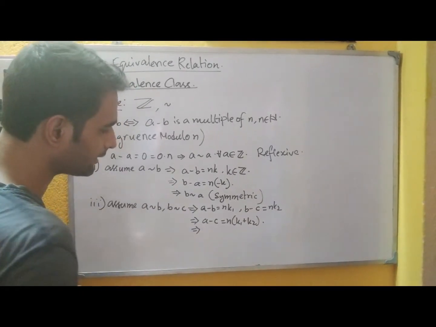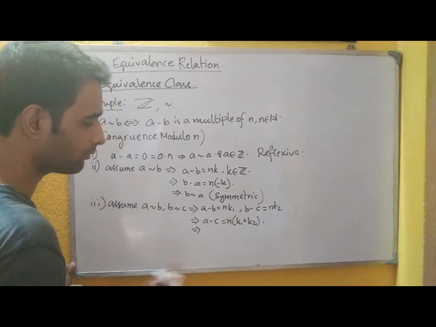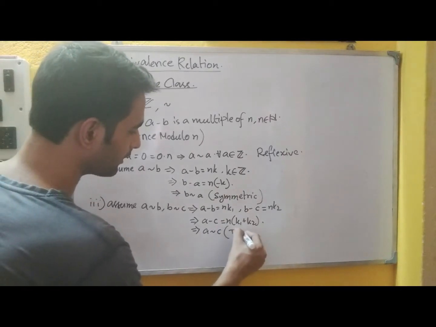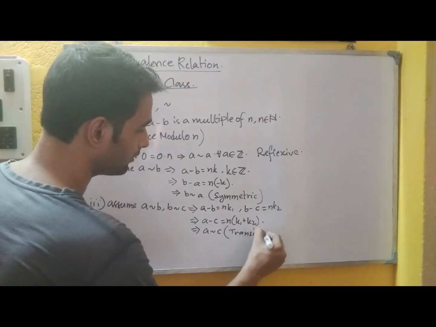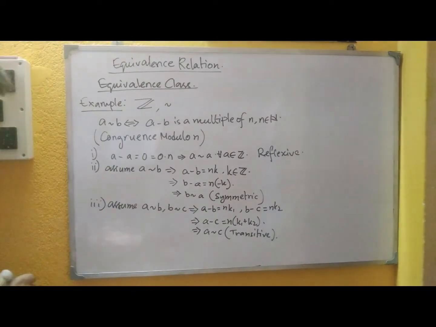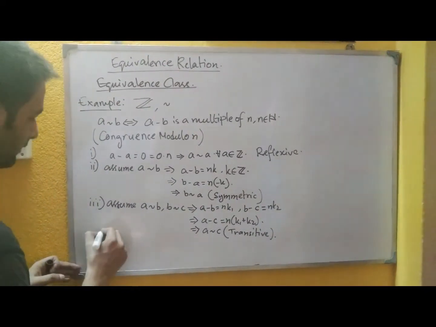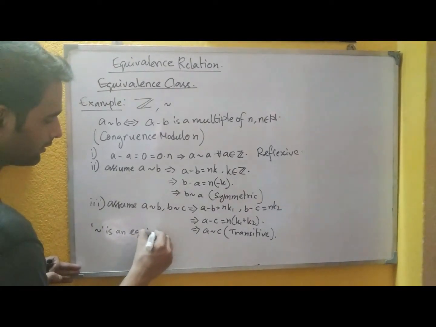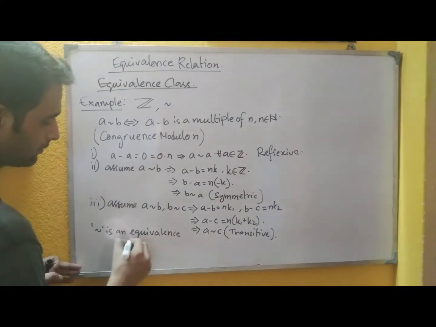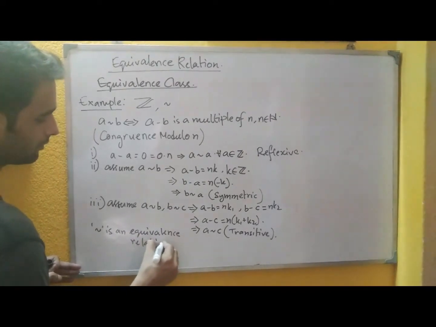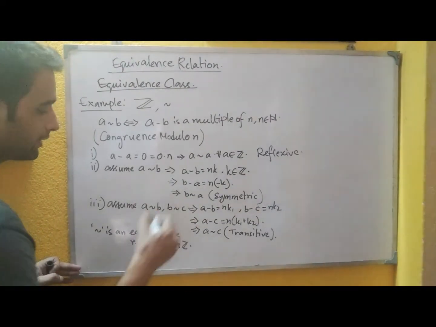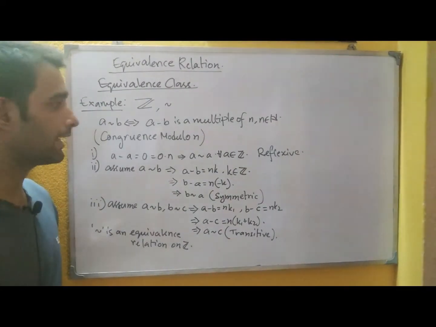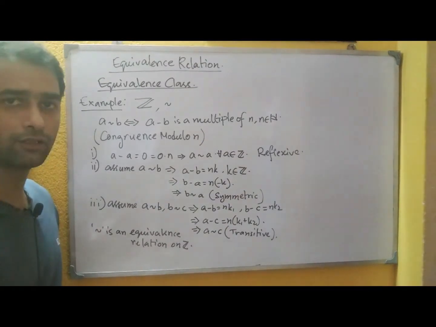So we can say that a tilde c, and this gives the transitive property for tilde. So combining 1, 2, 3, we can say that tilde is an equivalence relation on the set of integers. So that means it will give rise to a partition on the set Z.